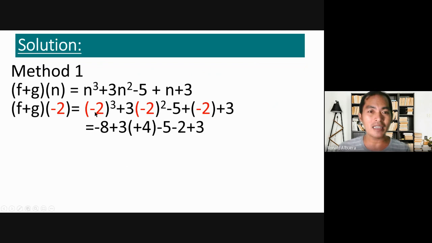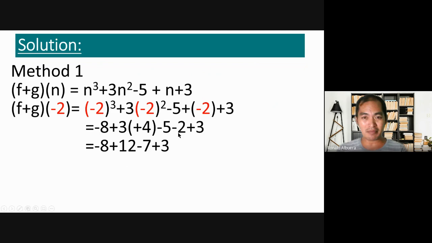In this case, tatlo ng negative, so meaning the answer is negative. Negative 2 times negative 2 is positive 4, times 3 is positive 12, and then negative 5 plus negative 2, the same sign, we add negative 7 plus 3.